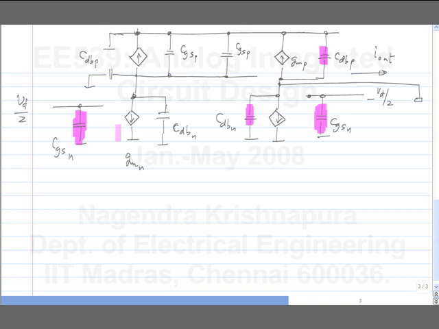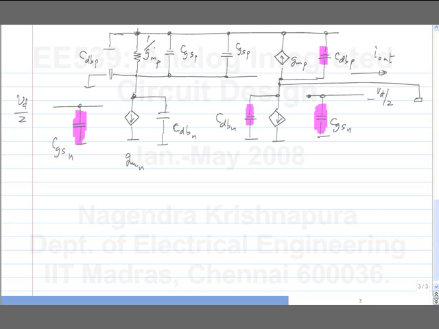So there really is only one significant node in the whole circuit, and for this control source, the controlling terminal and the control source are the same, they have the same terminals. So this can be replaced by a resistance 1 over GMP. Okay.